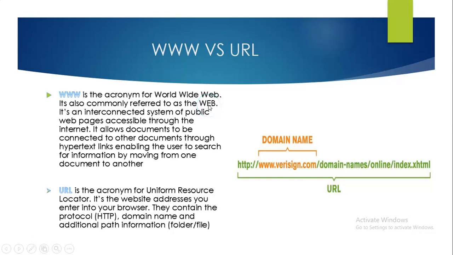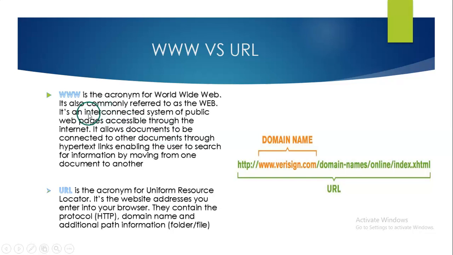That word is coined from the spider web. Understand how spiders create their webs, interlocked, interconnected, and all that. So this word is coined from the spider web. It's an interconnected system of public web pages accessible through the internet.